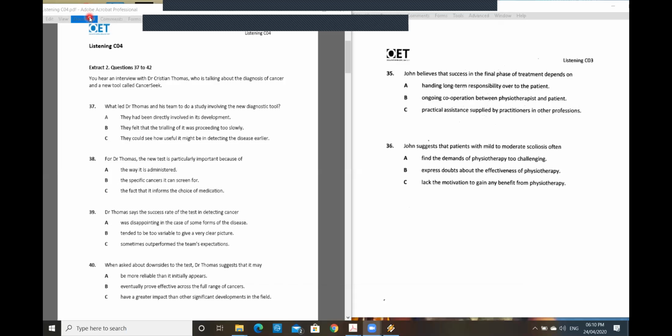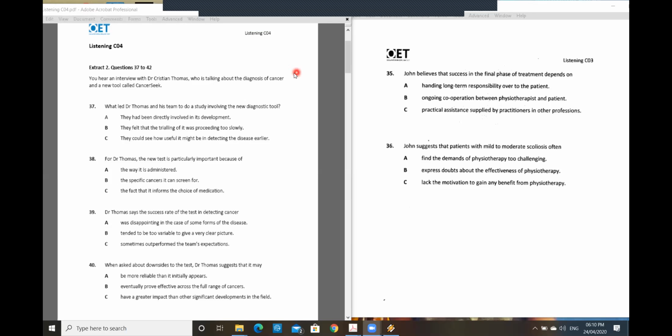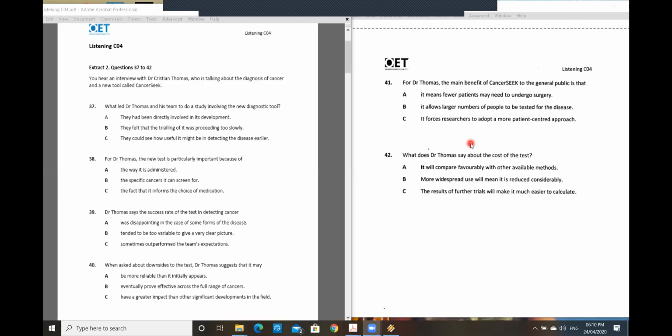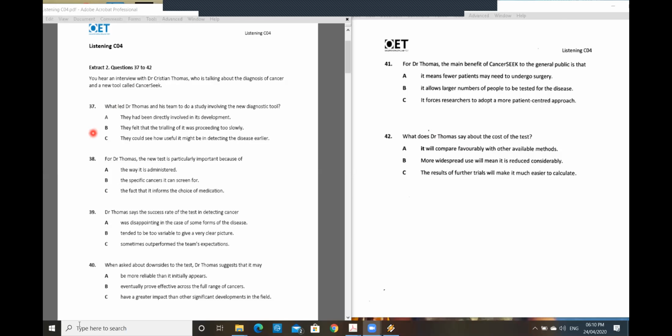Okay, so now I have both the pages on screen. You can see all 6 questions here: 37 to 40 are on this page, and then you have 41 and 42 here.